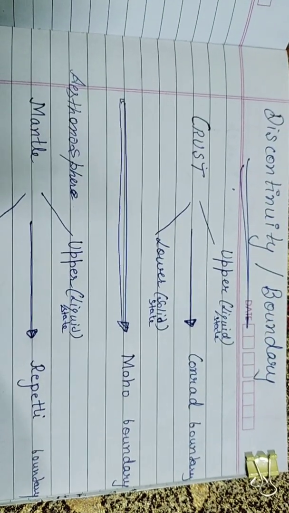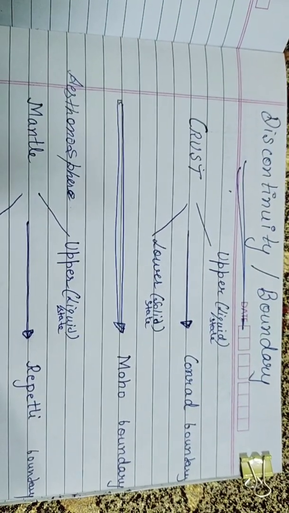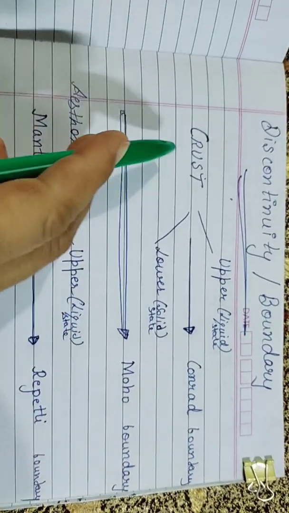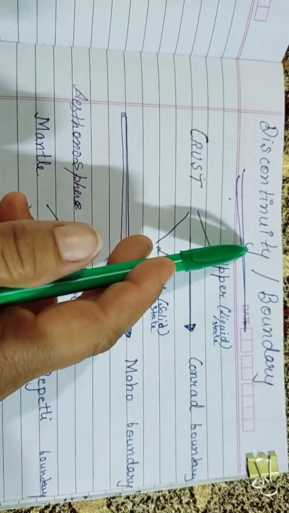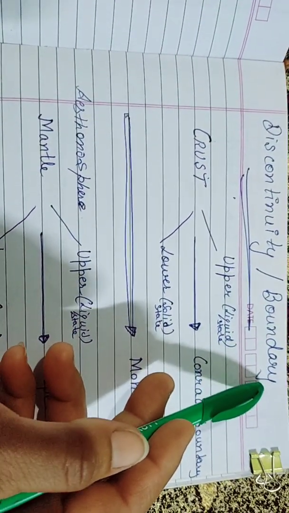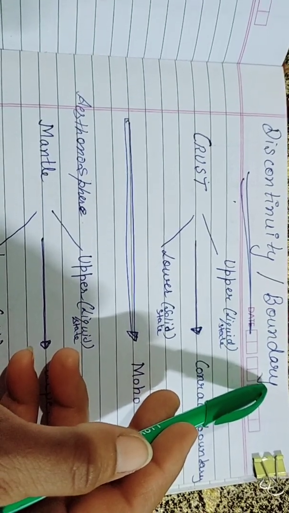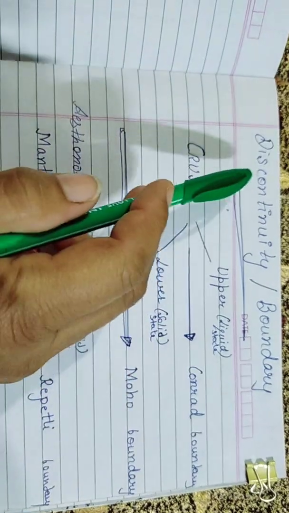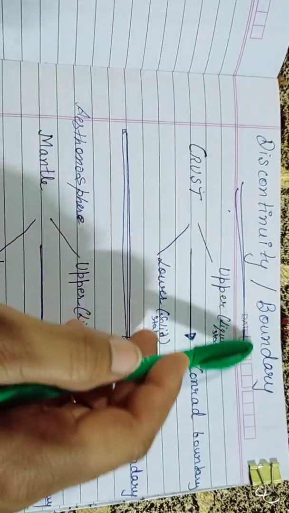So students, as we have discussed the three different layers of the earth, you must know about the discontinuity, the boundary lines. What do we call the different boundary lines between these three layers? What is the meaning of discontinuity and boundary?